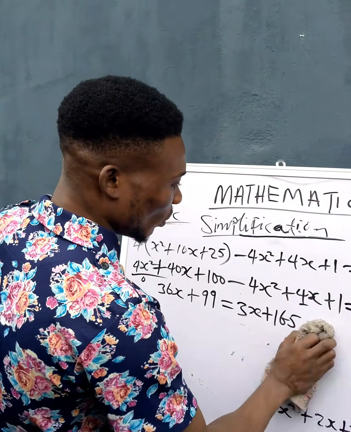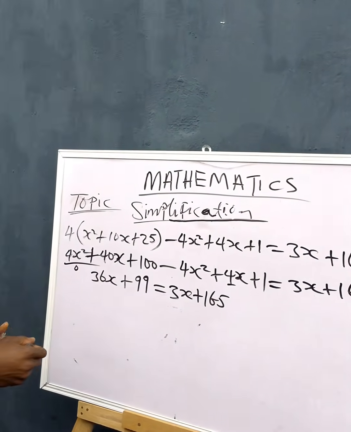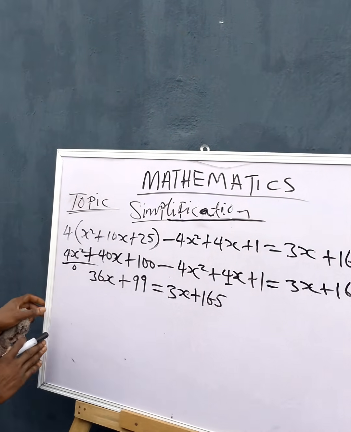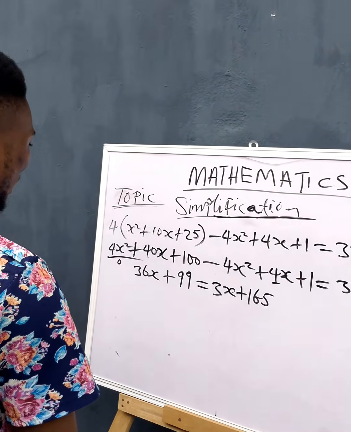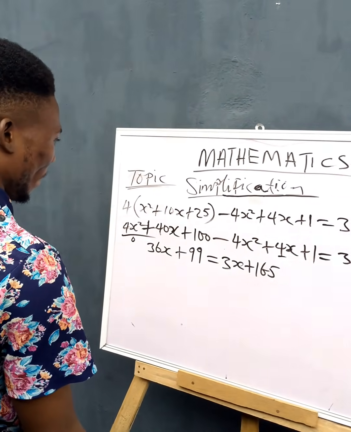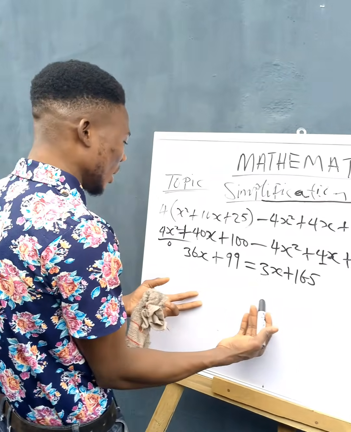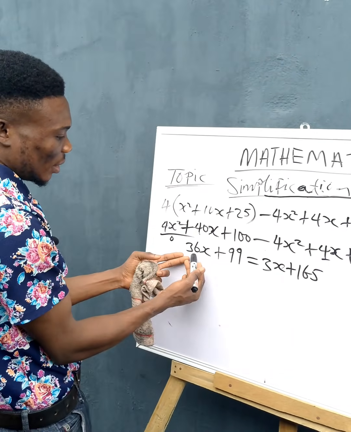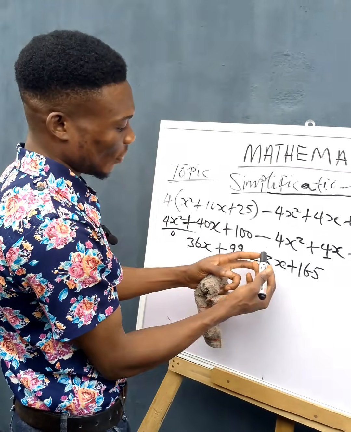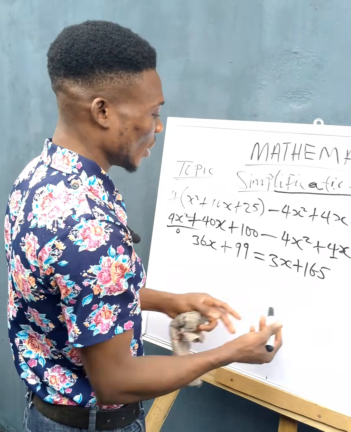So I hope it is getting to the clearer side. So here now you have arrived to where you will equate both sides to know what you have as your answer. So now you are still collecting your like terms. 36x is here, 99 is here, equals to 3x plus 165.